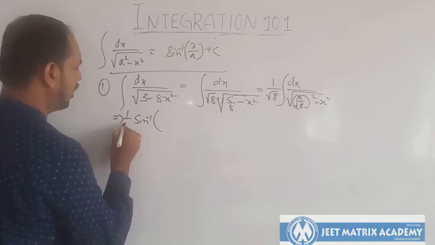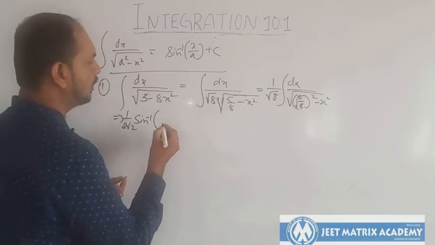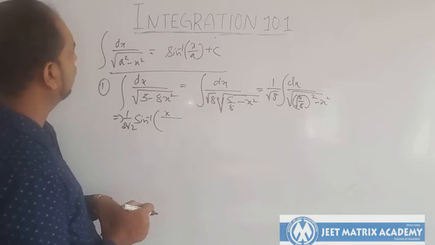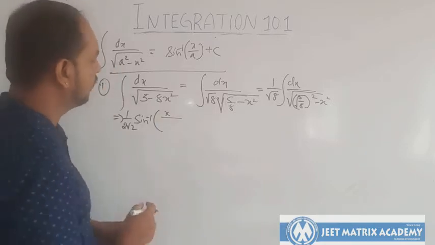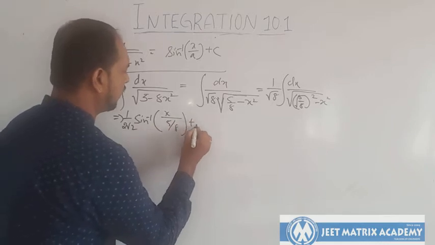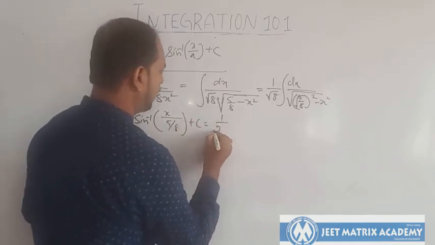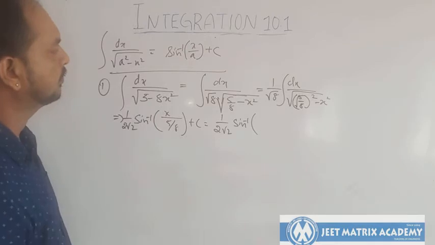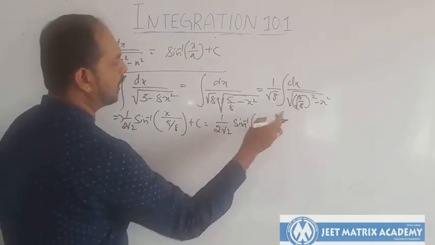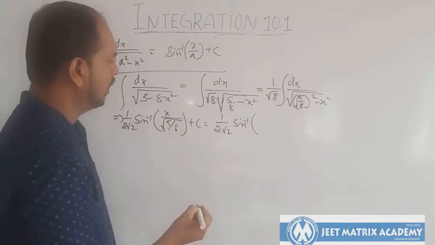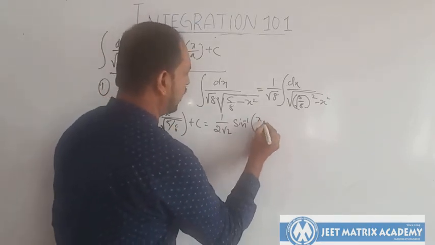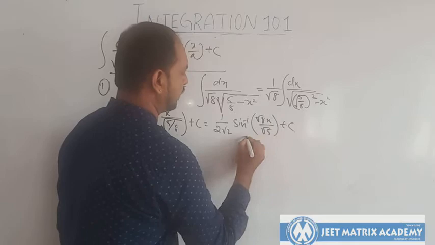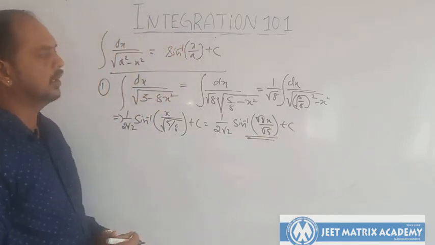Root 8 you could write as 2 root 2, so you could write it as 1 by 2 root 2 sine inverse of, since my a is root 5 by 8, root 8x divided by root 5, plus c. You should be very careful. Okay, we'll see one more problem.